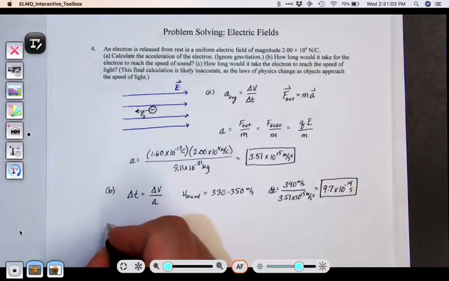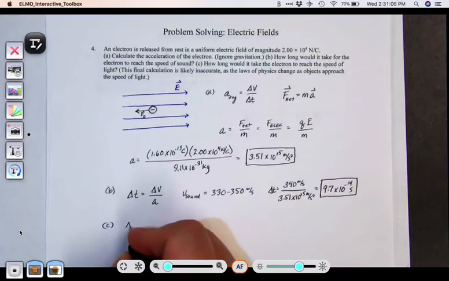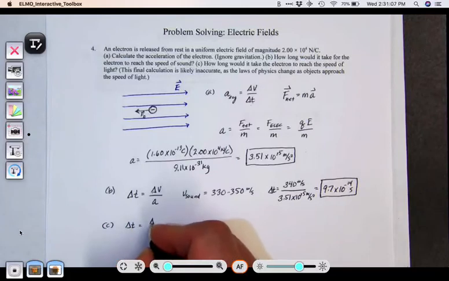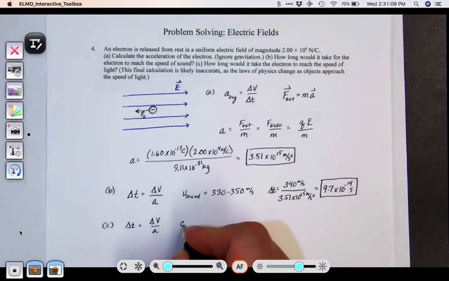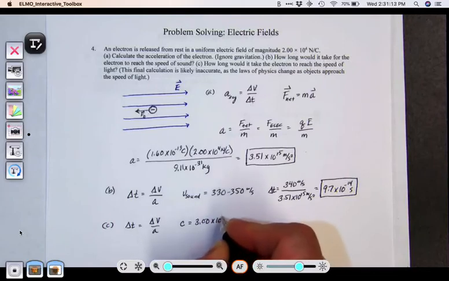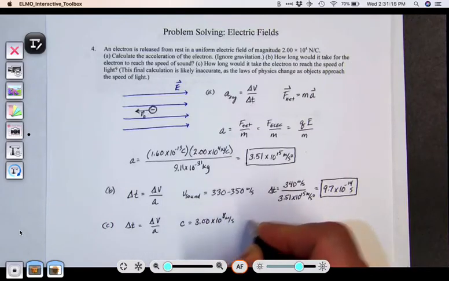If you do a similar calculation for light, you need to know that the speed of light is about 3 times 10 to the 8th meters per second.